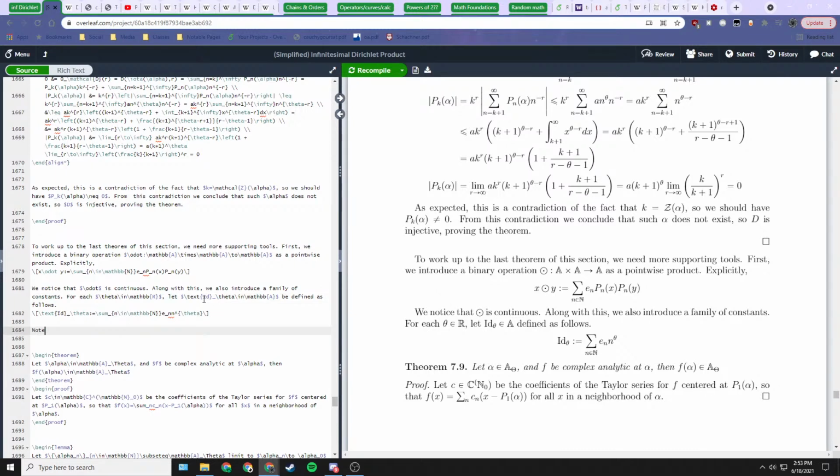Or we can say equivalently, id sub theta is just equal to the iota inverse of the sequence n to the power theta, such that n is in the naturals.